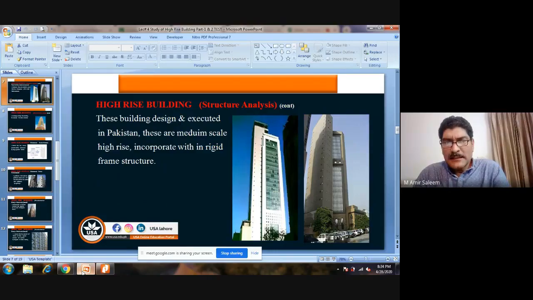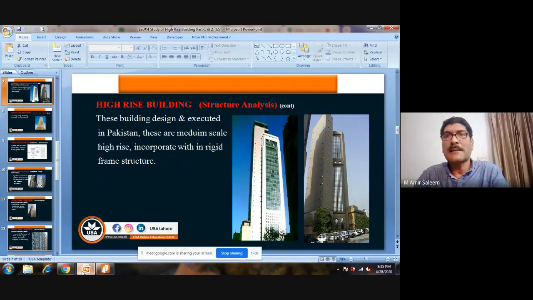As we discussed earlier, in Pakistan, in Lahore, you have seen that these buildings are all medium scale and high-rise, all incorporated in a rigid frame. So here we do not much require the tube and other structural mechanics.